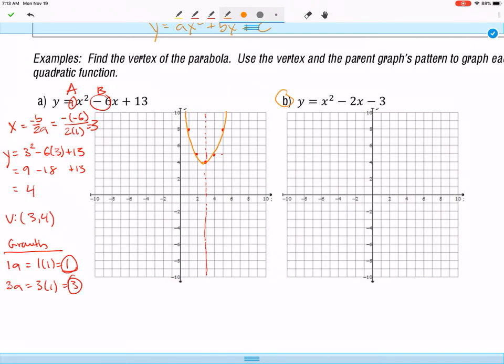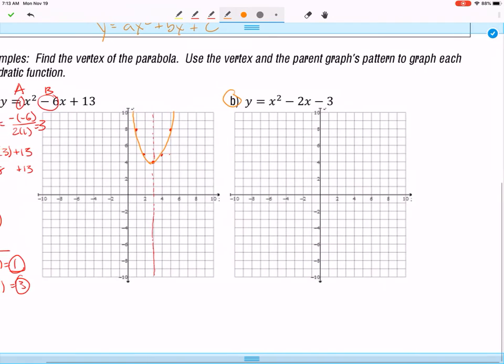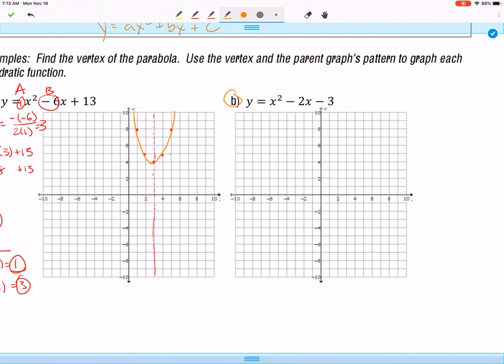Okay, B, let's do the same thing. We want to find our vertex. So we're going to do x equals negative b over 2a, and that gives us negative negative 2 over 2 times 1, which gives us 1. Then we do our y value.